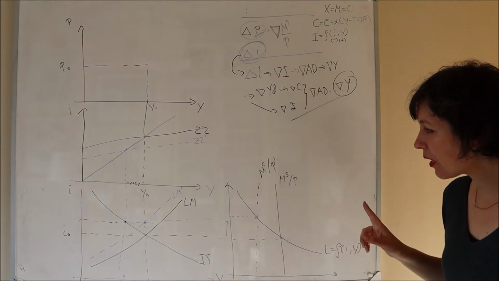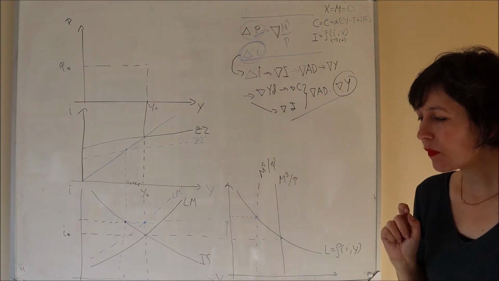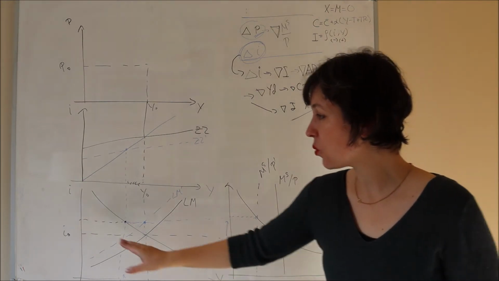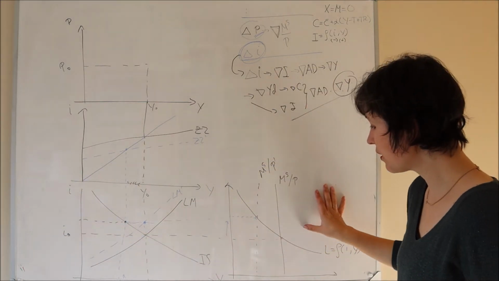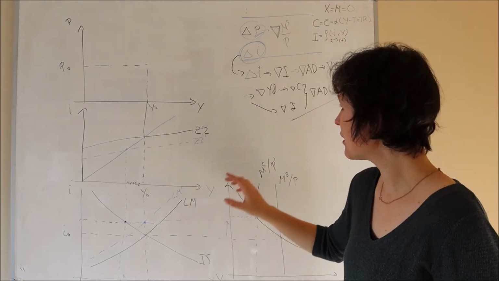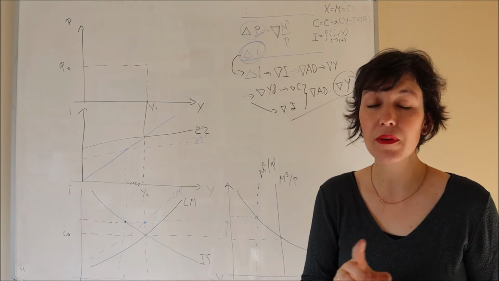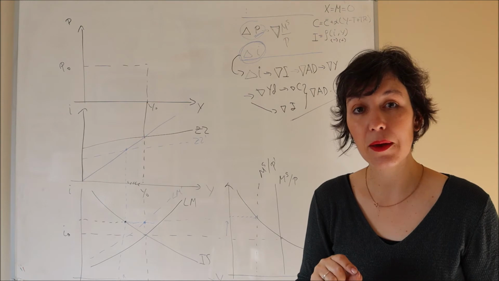Now what we are going to observe in the LM curve is how the change of production is going to change the equilibrium interest rate. So this new interest rate that we are going to find is propagated by the production. That means the LM curve is not going to shift anymore. We are going to move along the LM curve.